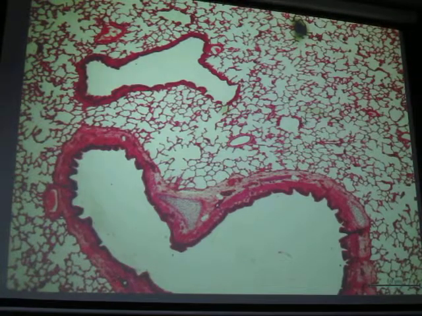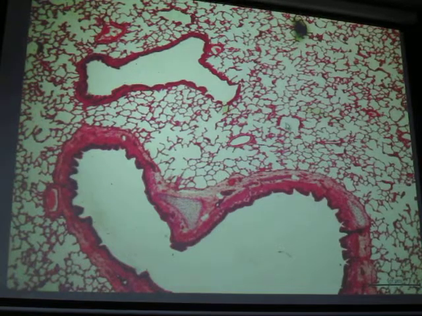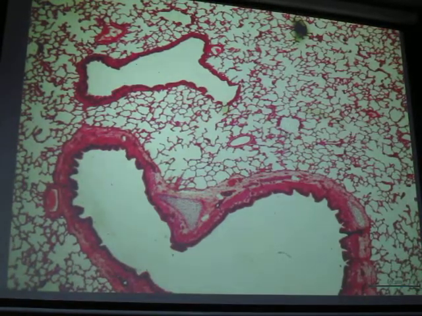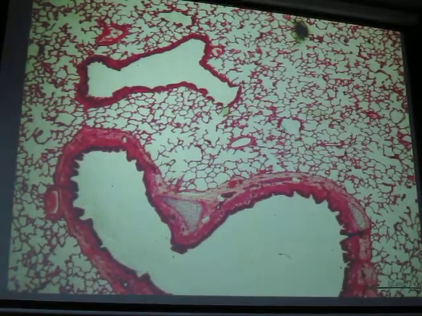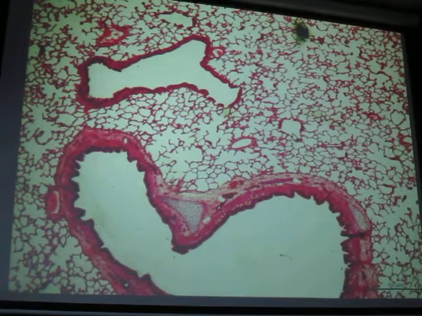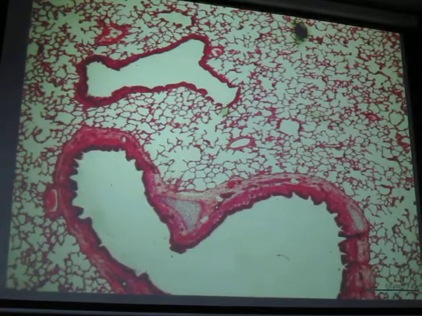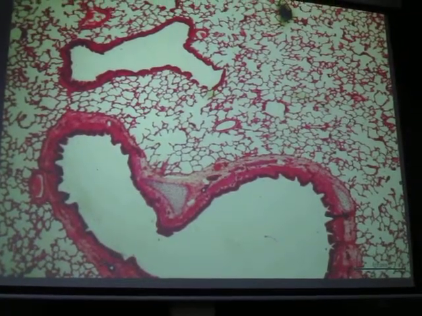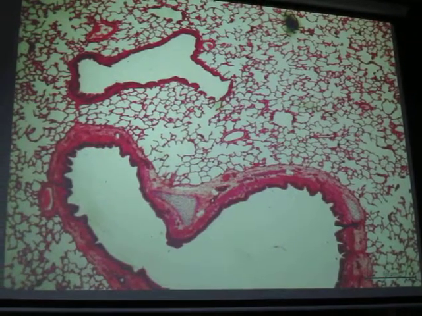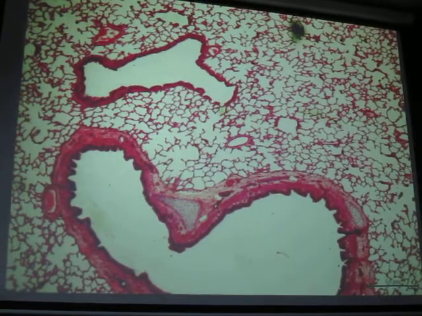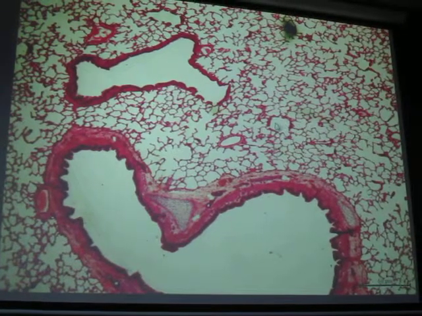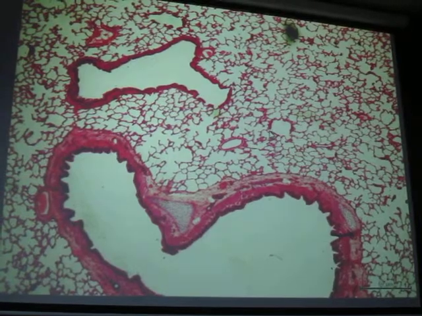Okay, so what other structures can you see? Identify this structure. Respiratory bronchiole. Okay, how can you tell that it's the respiratory bronchiole? No more cartilage.